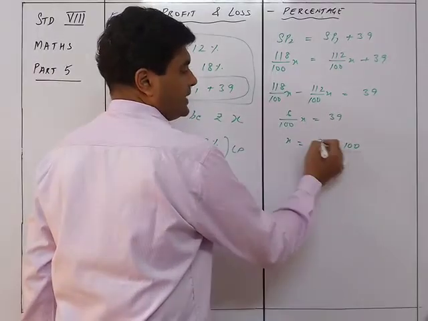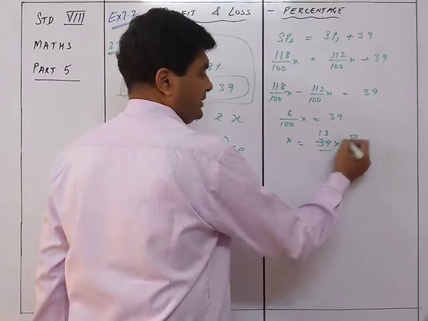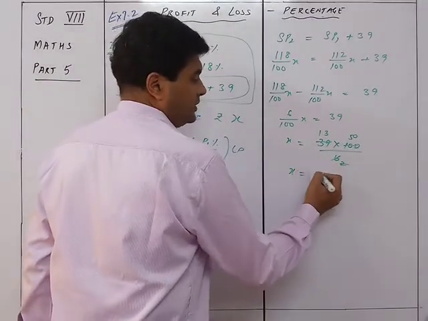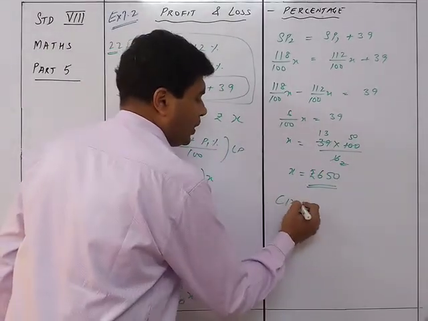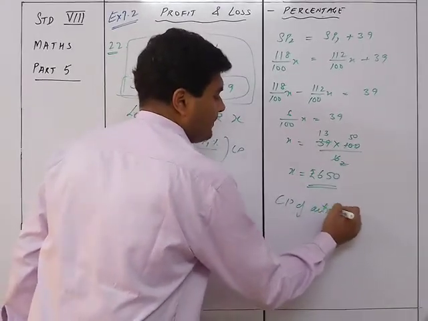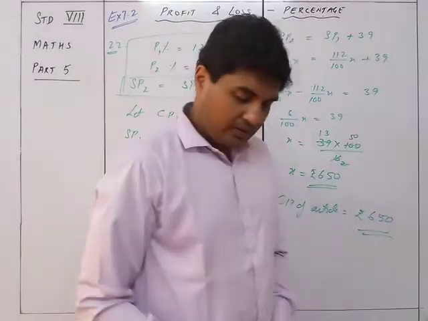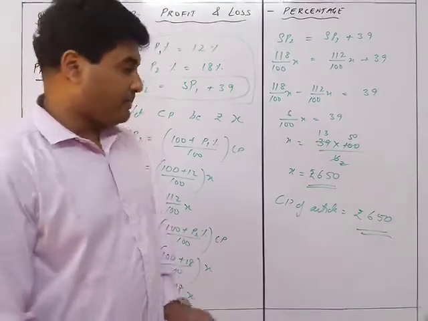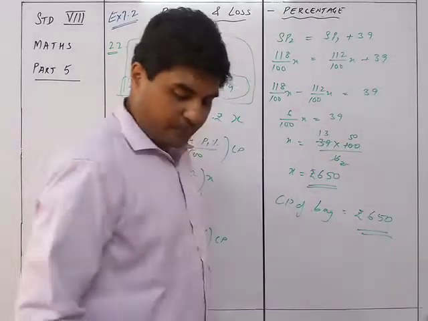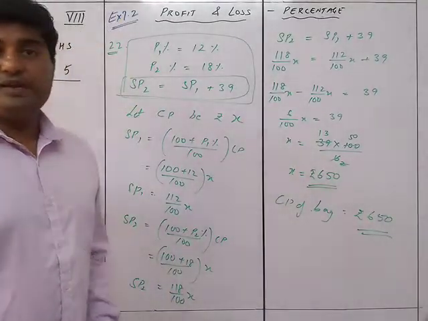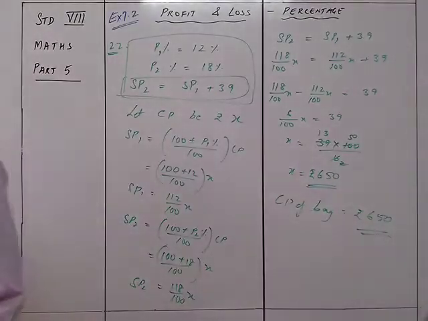So 3 2s are 6, 3 13s are 39, and then 2s and 50s cancel. Therefore, x is equal to 650 rupees. So the CP of the article, the bag, is rupees 650. Got it? So this was your sum number 22.